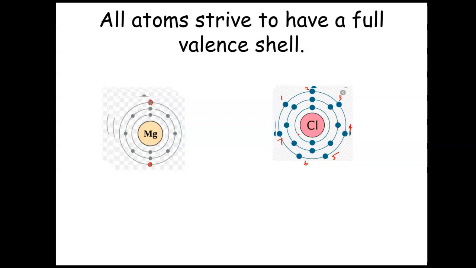And the answer is no, because remember, it wants to have 8 valence electrons in its shell, and it only has 7. So if it could only get 1 more, it would have reached that noble gas configuration. So having said that, we can already start predicting what could possibly happen.